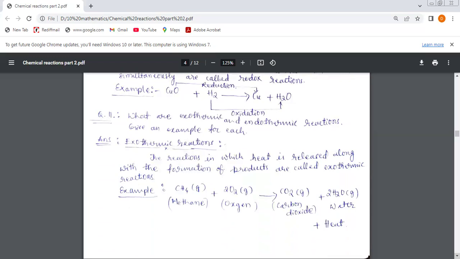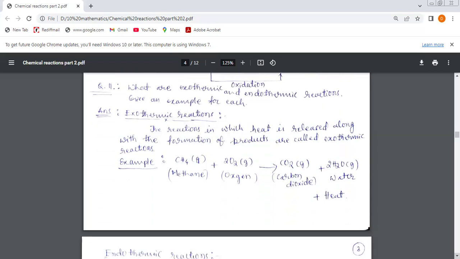Next, what are exothermic and endothermic reactions? Give an example for each. Let me revise it. First we'll see what exothermic reactions are. The reactions in which heat is released along with the formation of products are called exothermic reactions. Here is the example.